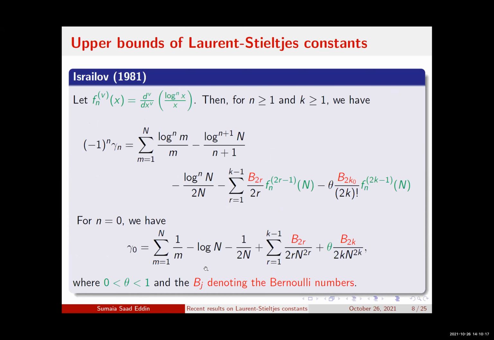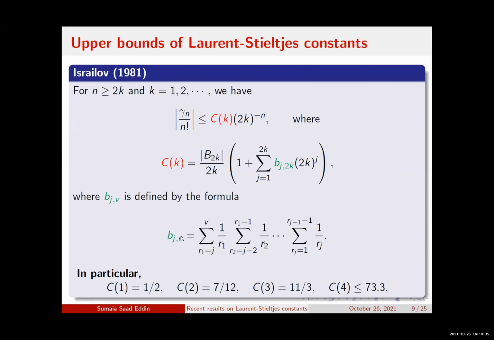Another result about this coefficient, in terms of Bernoulli numbers, was given by Israilov in 1981. Here it is. In a special case, he deduced this asymptotic expression for gamma 0. By using this formula, he deduced the upper bound of gamma n over n factorial.